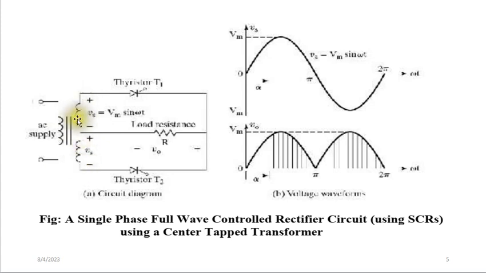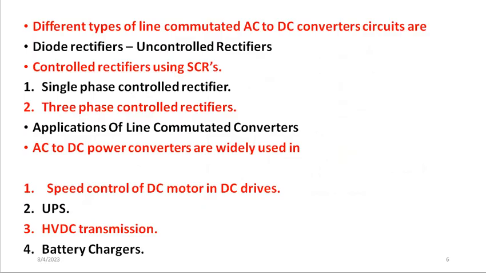We have a center tap transformer, and as I've explained, in the positive half cycle, a thyristor T1 will conduct, while the T2 will be reverse biased, and in the second half of the signal, the reverse is the case, just like in the previous case I have just explained.